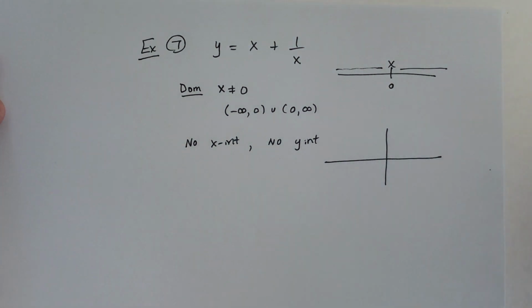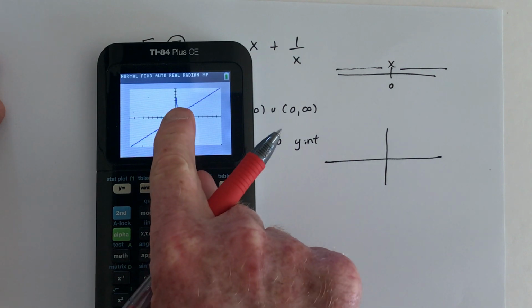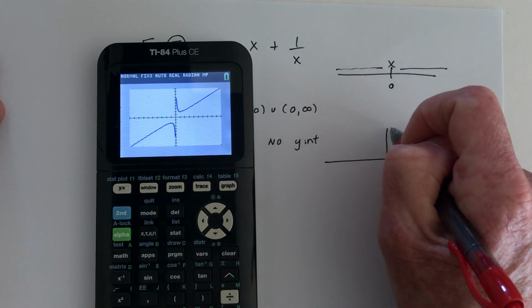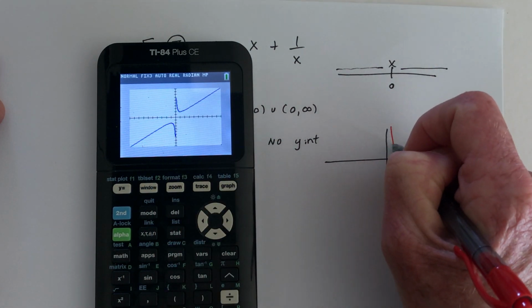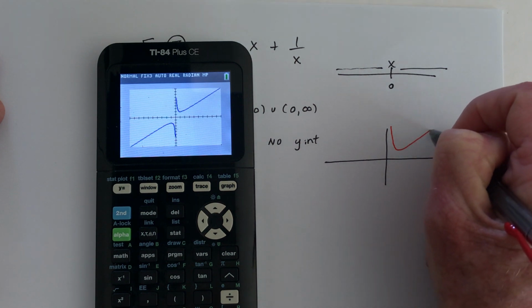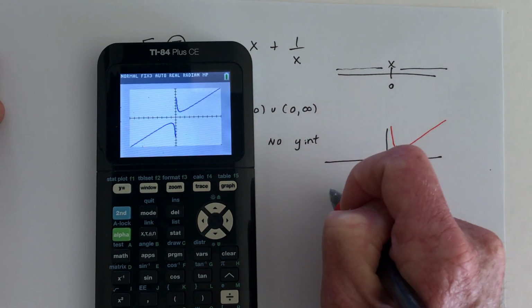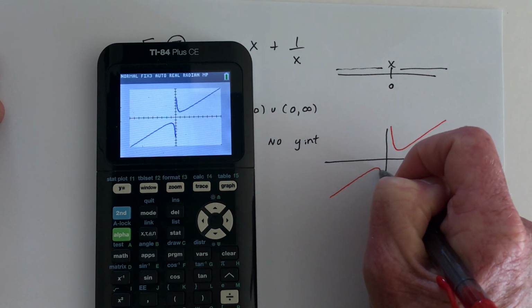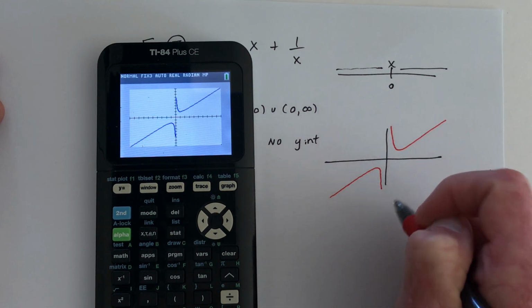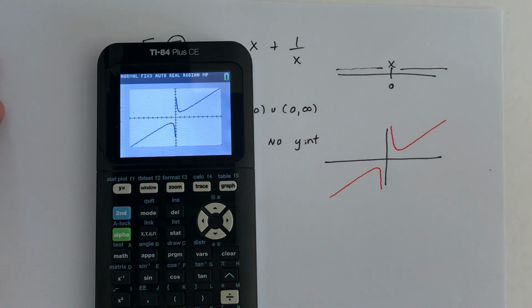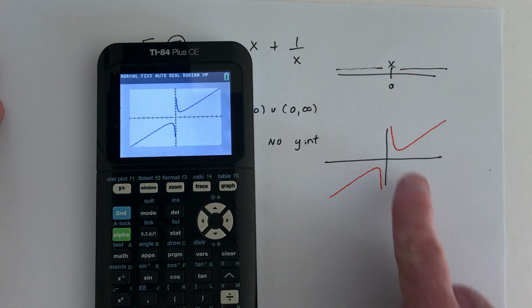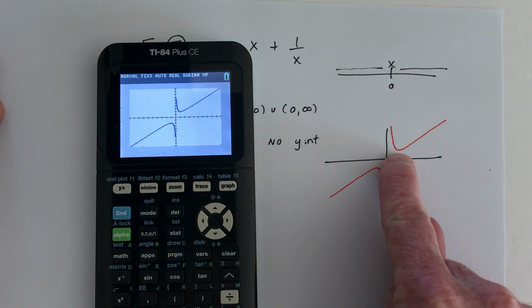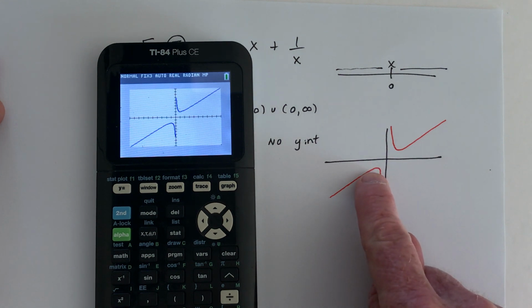So basically, even though it looks like the graph stops right there, that's just because of the pixelization on this calculator. It actually looks more like this. So it looks like right there, there's a minimum point, and right there, there's a maximum point.